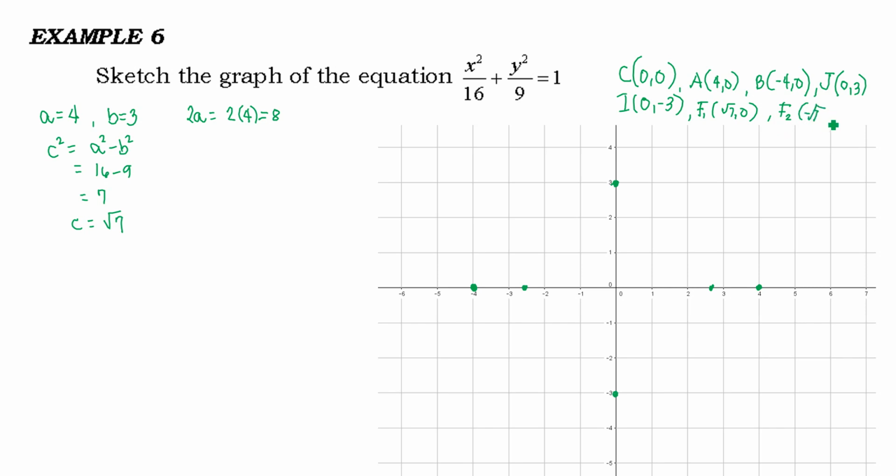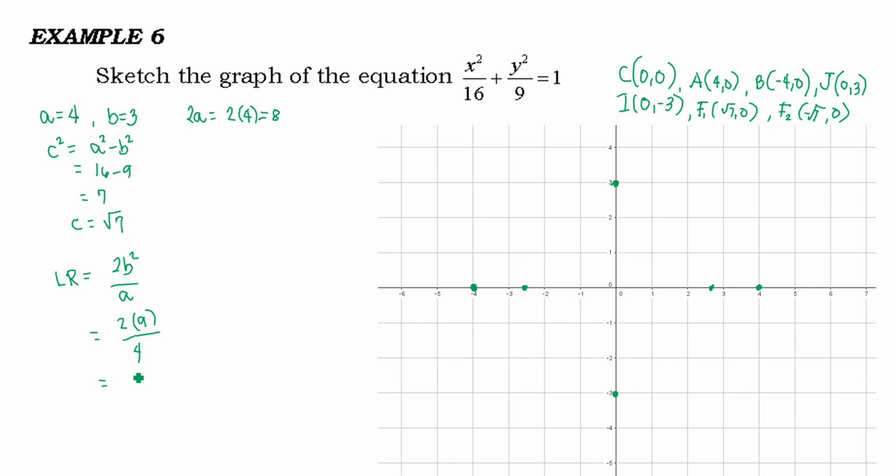Okay, now, for the length of the latus rectum, we have the formula. The latus rectum is equal to, kanina, if you can still remember, 2b squared over a. Now, we have 2 times 9 over 4. 2 over 4 can be reduced by half.